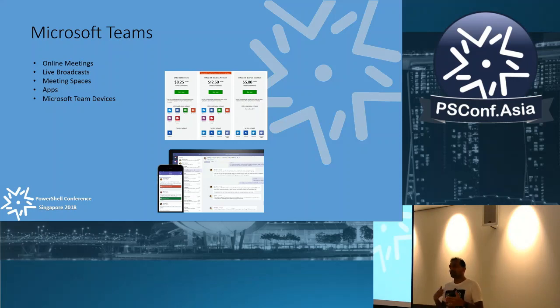Whenever you create a new team, an Office 365 group is created in the background. Anyone knows about Office 365 group? Okay. So Office 365 group is kind of a central platform which Microsoft uses to connect all the Office 365 platforms into one group, which means that the Office 365 group can interact with Yammer, your SharePoint, your Teams.